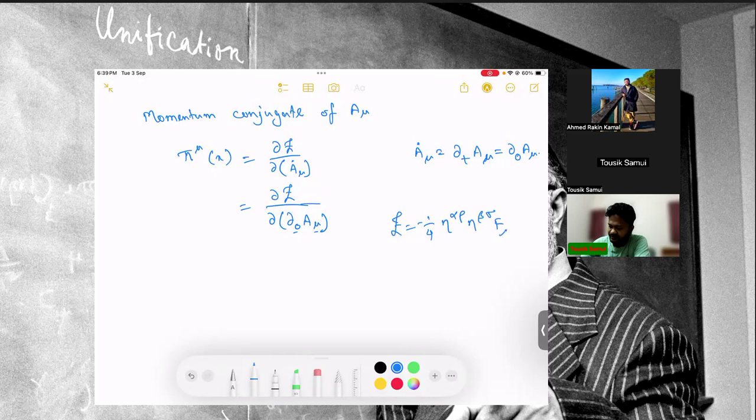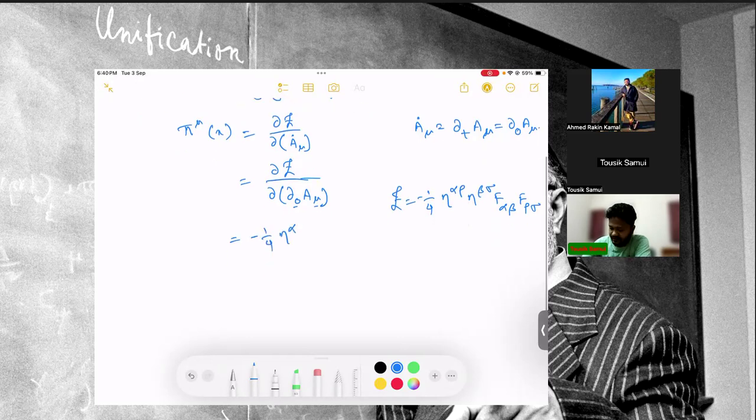If F alpha beta was already down, the other two we can write this way. Now if we try to differentiate, then we see that it will be nothing but eta alpha rho eta beta sigma. That's fine.